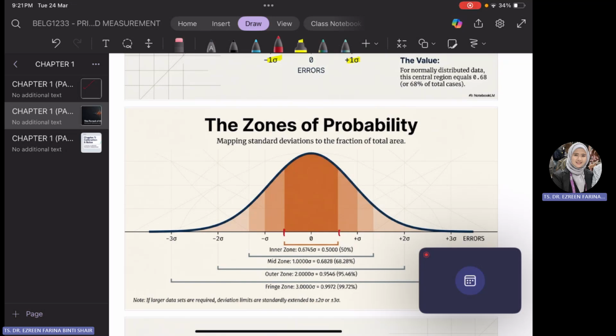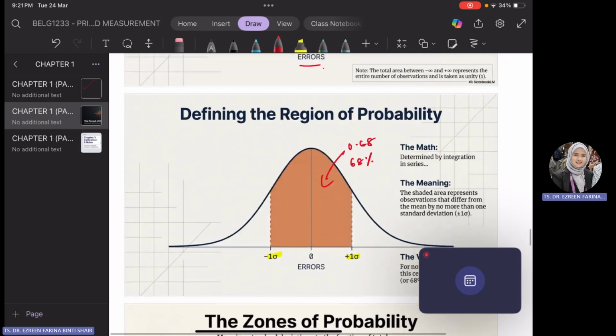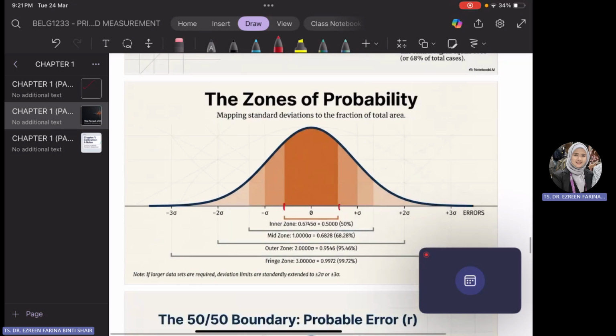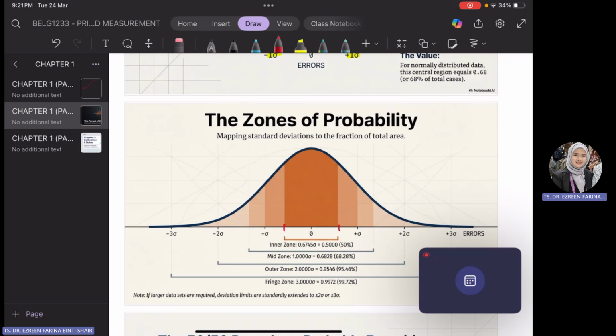Then the mid zone, from negative sigma to positive sigma, consists of 68.28%. This is what I introduced in the previous slide. The outer zone from negative 2 sigma to positive 2 sigma consists of 95.46%, and the fringe zone from negative 3 sigma to positive 3 sigma consists of 99.72%.